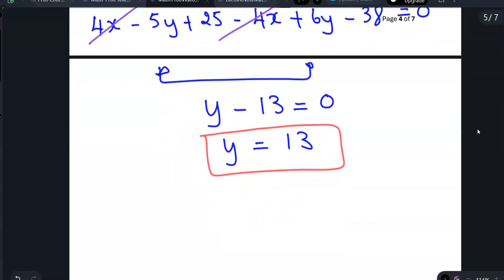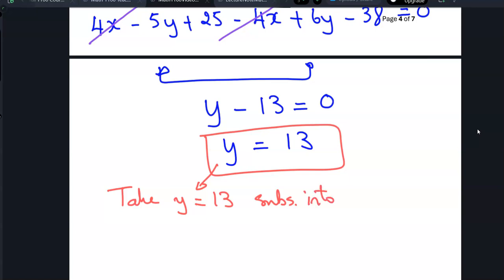Okay, after you find y equal to 13, you are going to take y equal to 13 and substitute into either equation number 1 or equation number 2.